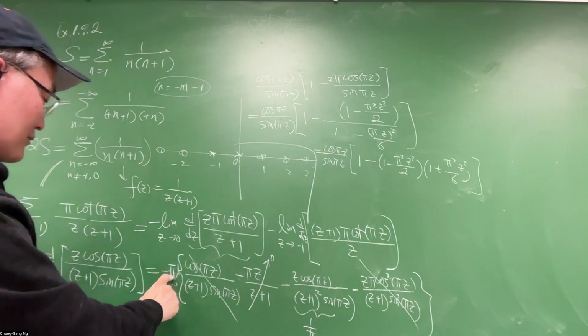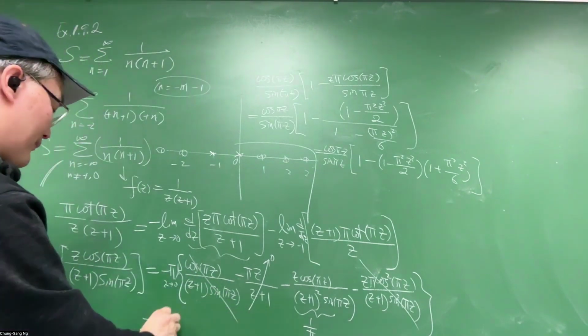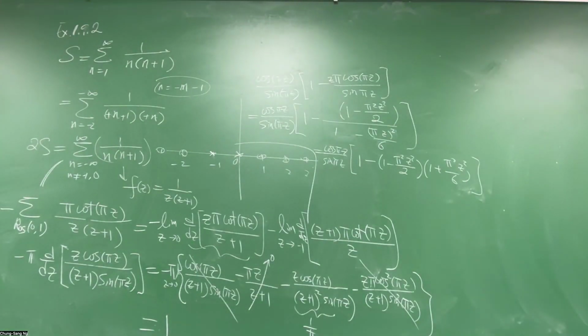Oh yeah, and the pi cancels with pi, so it is 1. Is it 1? Does the textbook say it is 1? Oh, you can solve it the other way? We can solve it 1 over n minus 1 over n plus 1 using just basic arithmetic, and everything will get cancelled, and at the end it will be just 1 minus 1. Okay, so you're better at visualizing this.